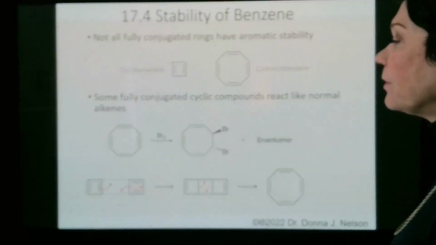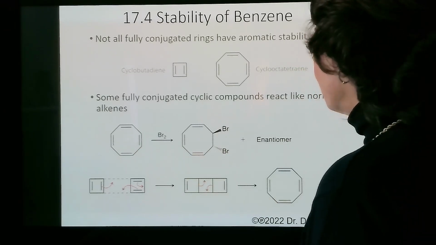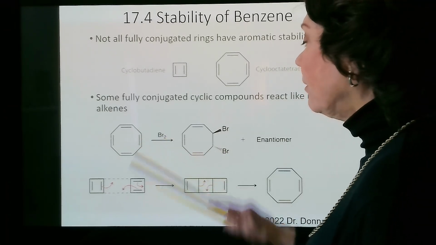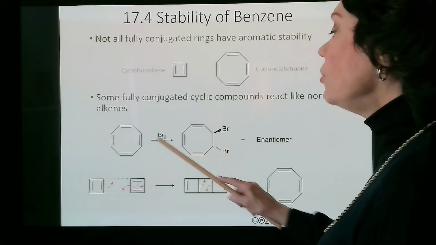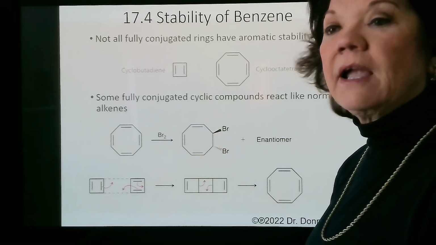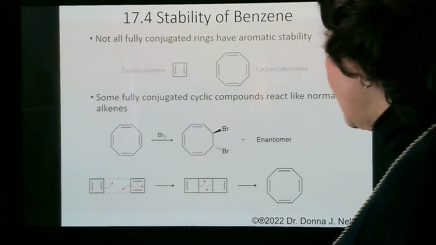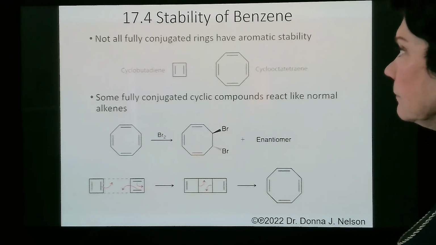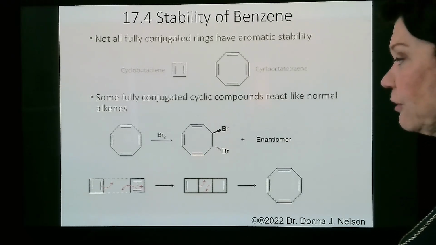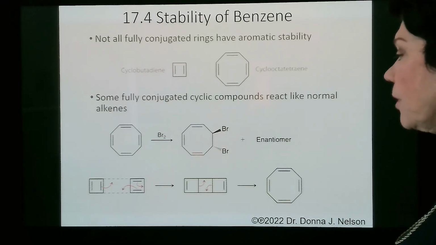And so this cyclooctatetraene can react with bromine because it is not aromatic. It is not giving up any aromaticity when it reacts. And so that's the difference between an aromatic and a non-aromatic compound.